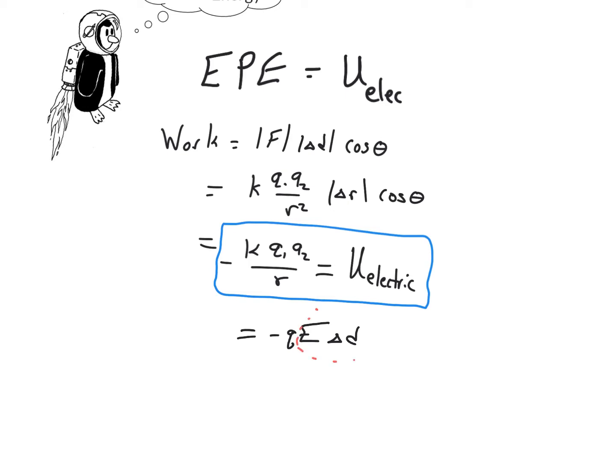This quantity here is equal to k some charge over r. Keep in mind that this is a result of the charges creating a field, not the test charge we brought in to feel the force. Because of this, it comes up so often, we give it another name. It's called the electric potential.